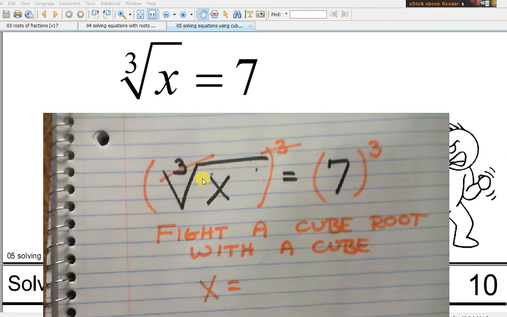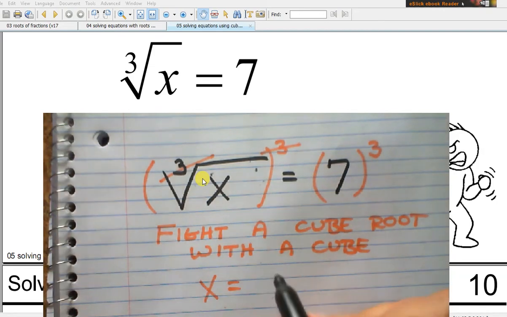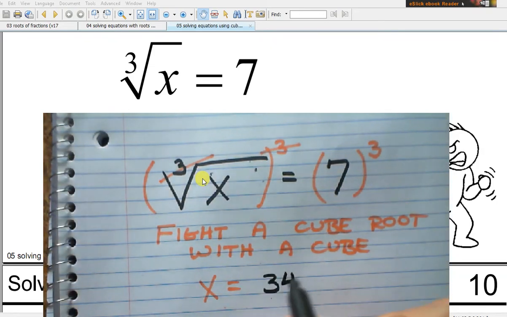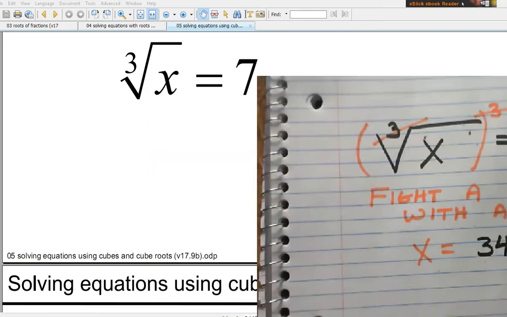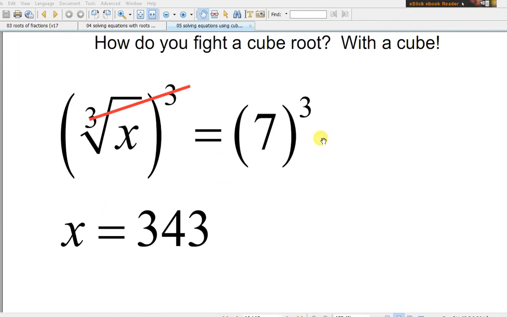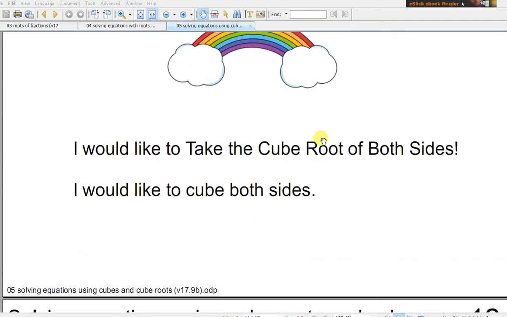What is that? 7 times 7 times 7 is 343. That's it for the notes, but we'll do a couple more practice problems now. So things we can do: take the cube root of both sides or cube both sides.